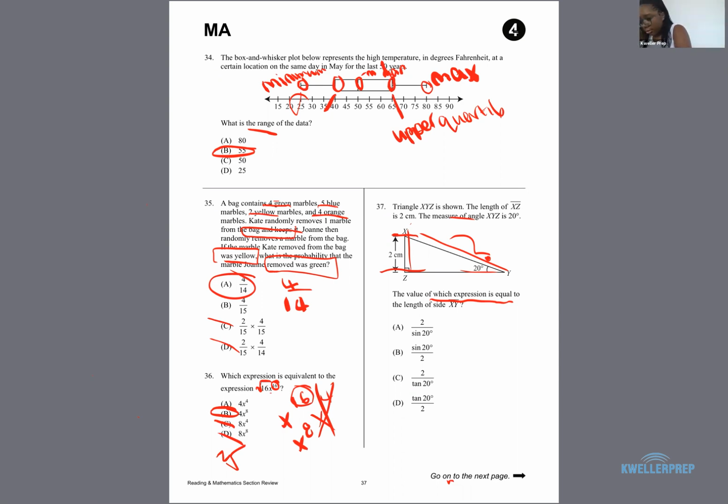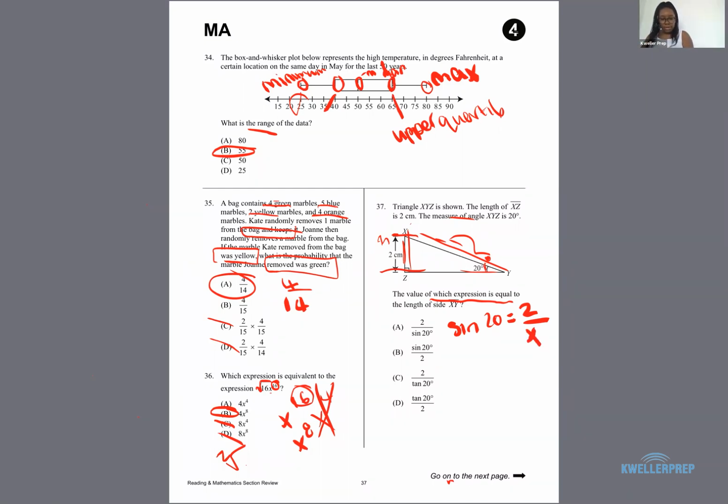In order to find the hypotenuse, you have to work with your knowledge of sine, cosine, and tangent. Now the sine of 20, the sine of XYZ, is the opposite over the hypotenuse. So sine 20 is equal to the opposite side, which is 2 centimeters, over the hypotenuse. Because we don't know what the hypotenuse is, put an x here.